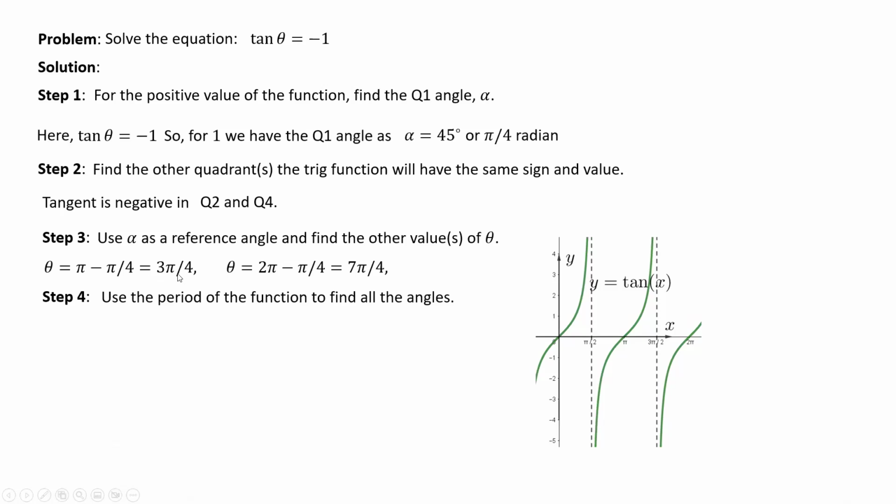You remember we added 2n pi in the previous case. In this case, what should we add? We should add n pi, not 2n pi, because the period only happens to be pi for this tangent function.